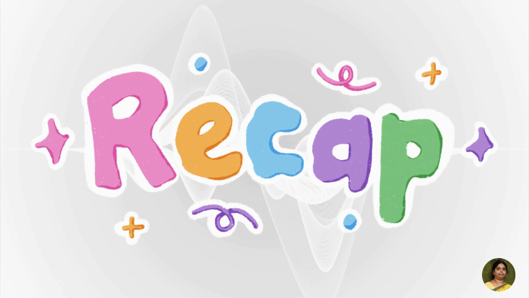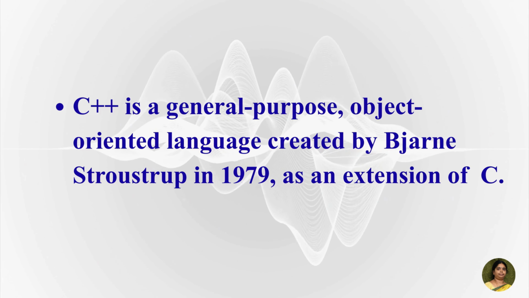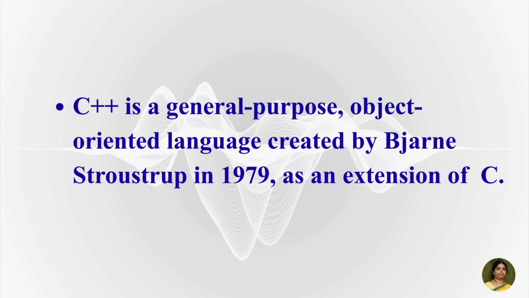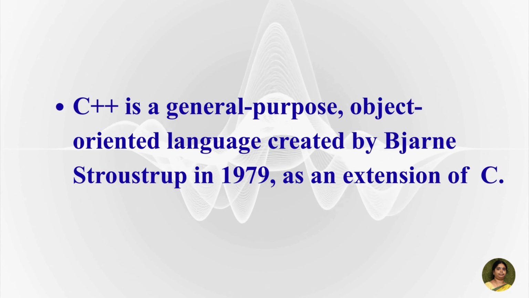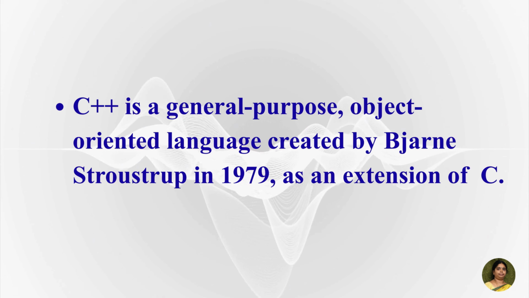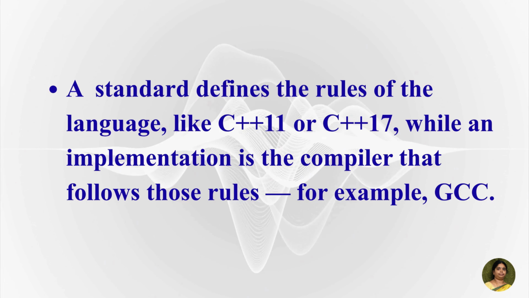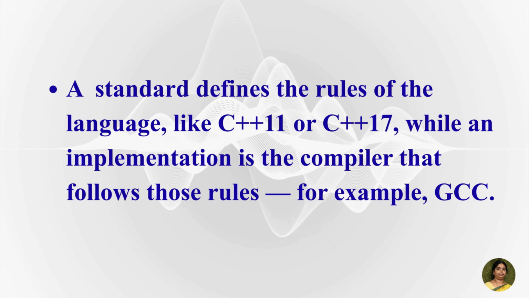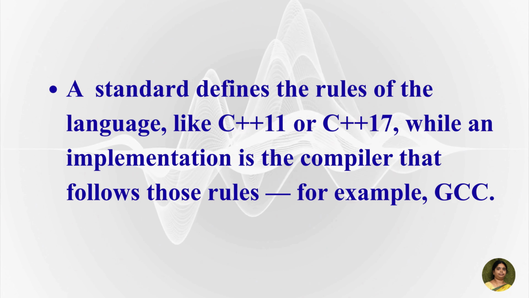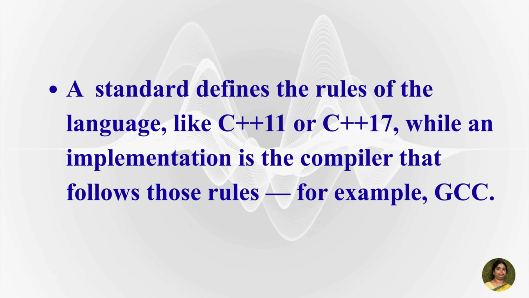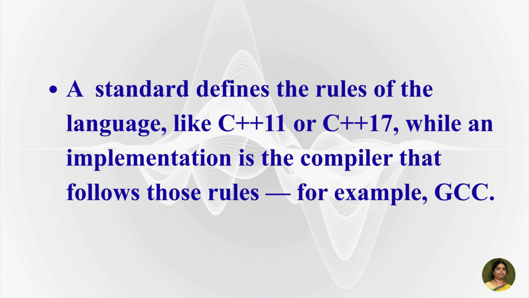Let's quickly recap C++, what we have studied earlier. First, C++ is a general-purpose, object-oriented language created by Bjarne in 1979 as an extension of C. Second, a standard defines the rules of the language, like C++11 or C++17, while an implementation is the compiler that follows those rules, for example, GCC.